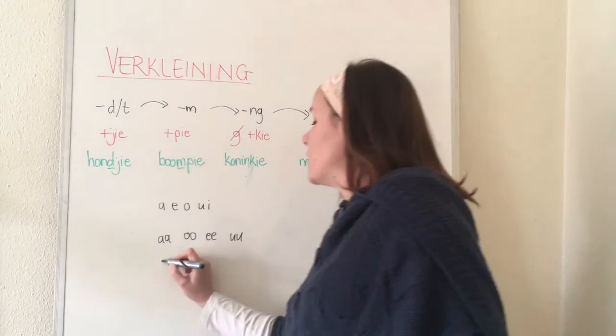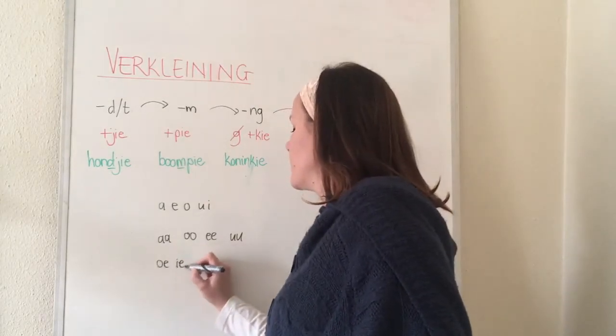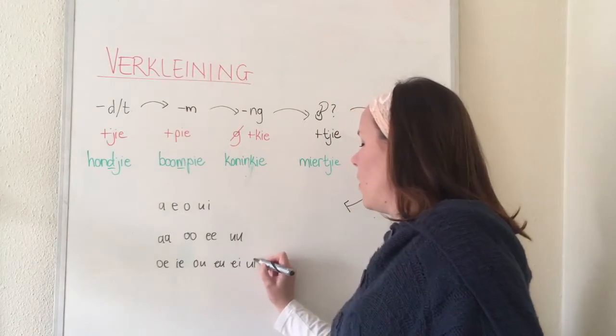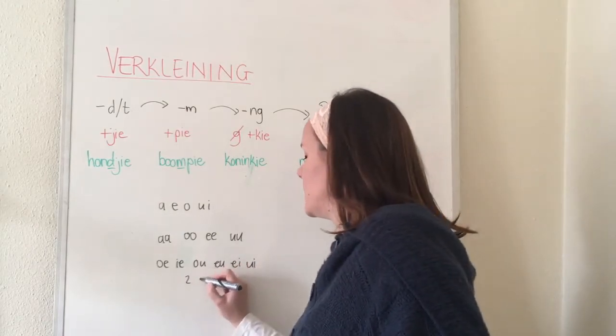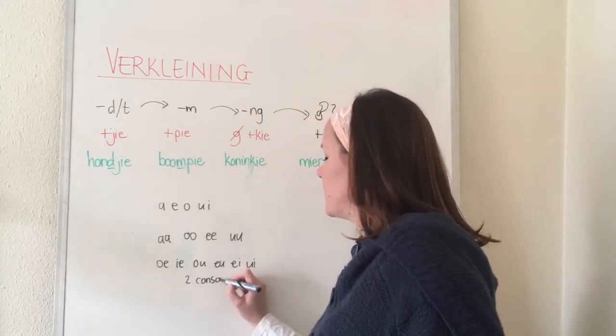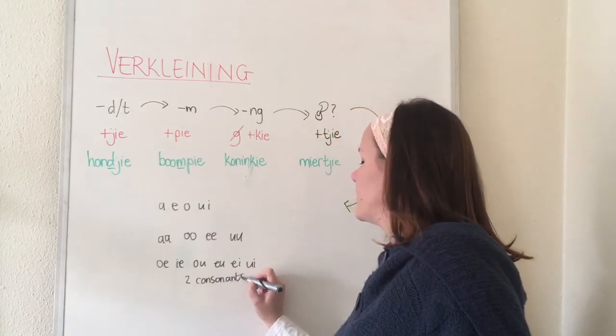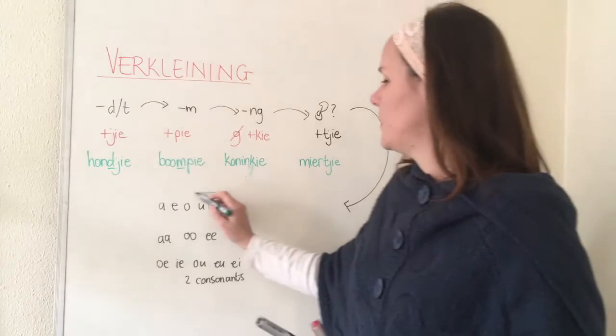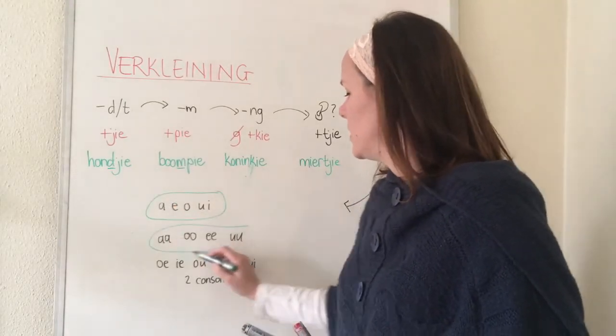Or does it have a combination vowel? Or 2 consonants at the end? Okay, and there's a different rule for each of them. Let me just put them in blocks.